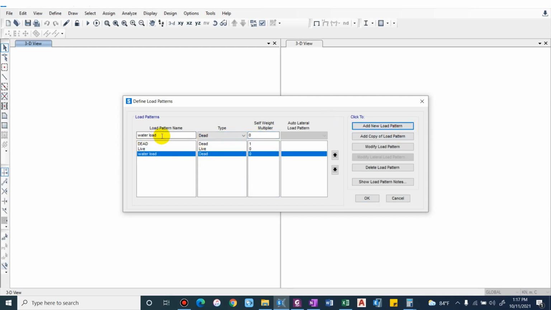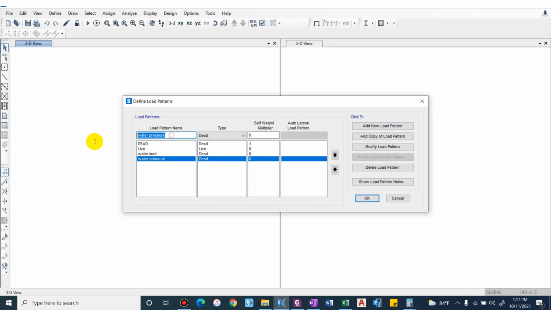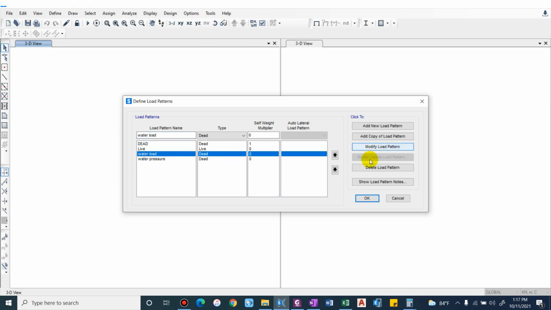Add new load pattern, water pressure, or we can even use the same, no need to define twice, and earth pressure.